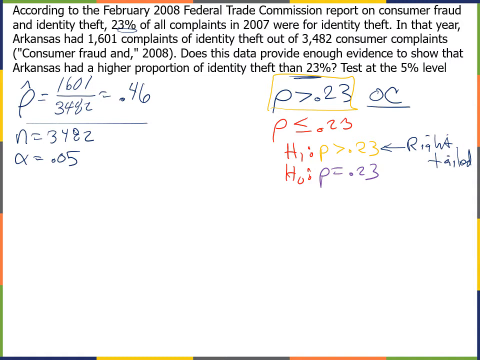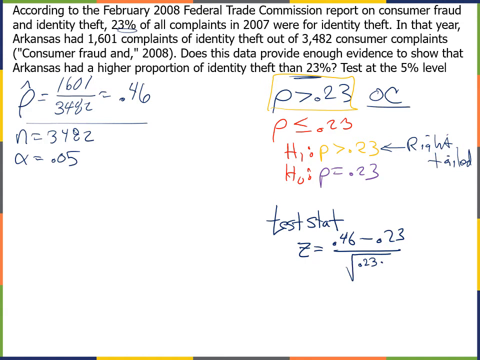Okay, greater than. After we get to this point, the next thing we want to do is find our test statistic. Our test statistic, in this case, will be a z-score. We're going to use our p-hat, 0.46, minus our p, which is 0.23, divided by the square root of p, 0.23, times q.